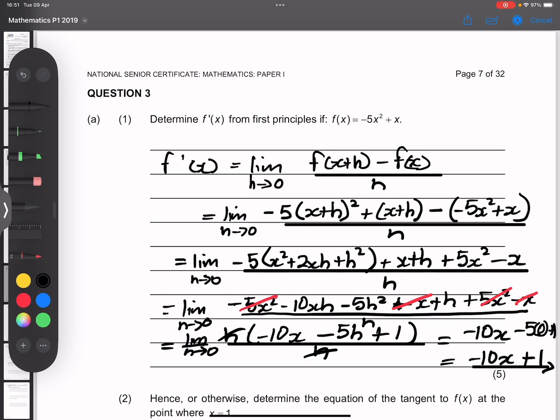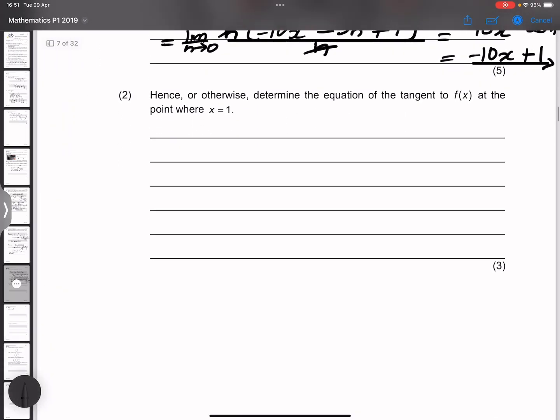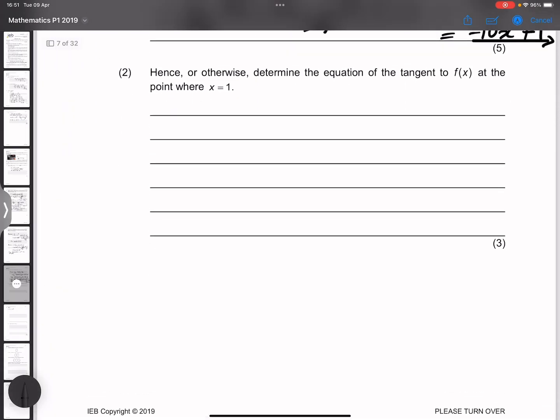All right, and to go to the next one, they say hence or otherwise determine the equation of the tangent of f of x at the point where x is equal to 1. So remember, f prime of x, we've just established, is minus 10x plus 1.